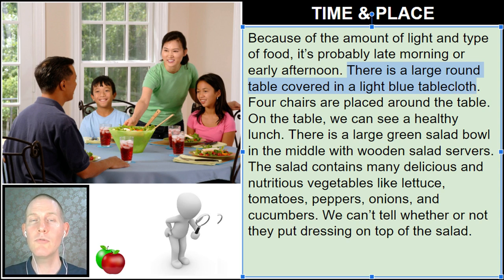There is a large round table covered in a light blue tablecloth. 4 chairs are placed around the table. On the table, we can see a healthy lunch. There is a large green salad bowl in the middle with wooden salad servers.